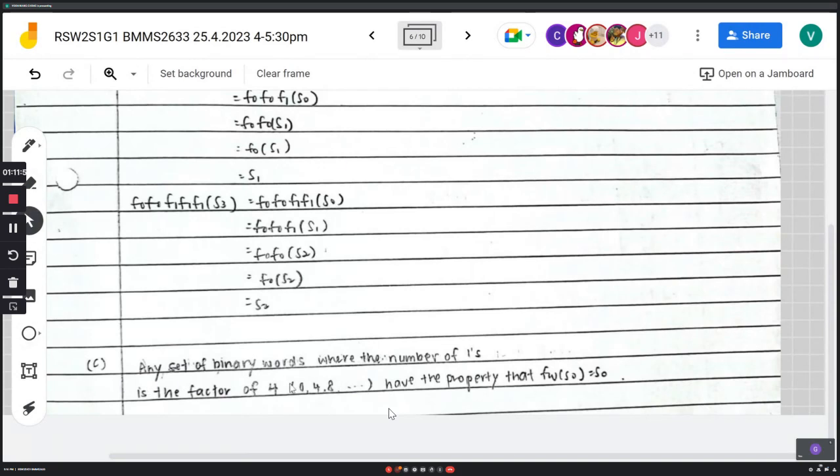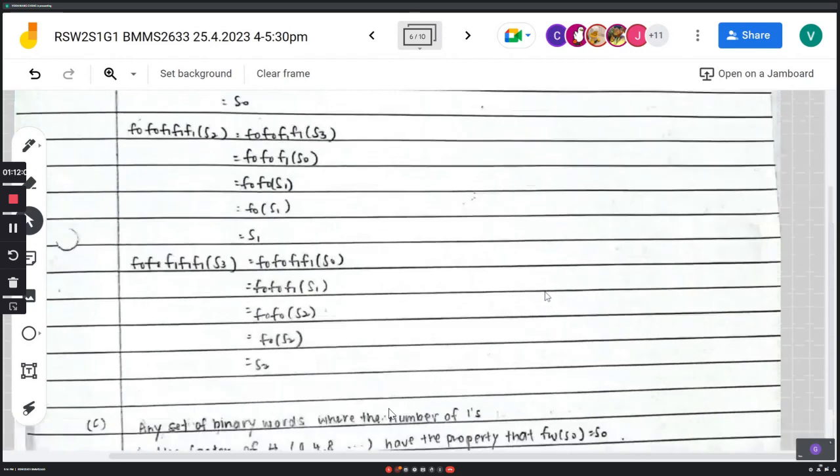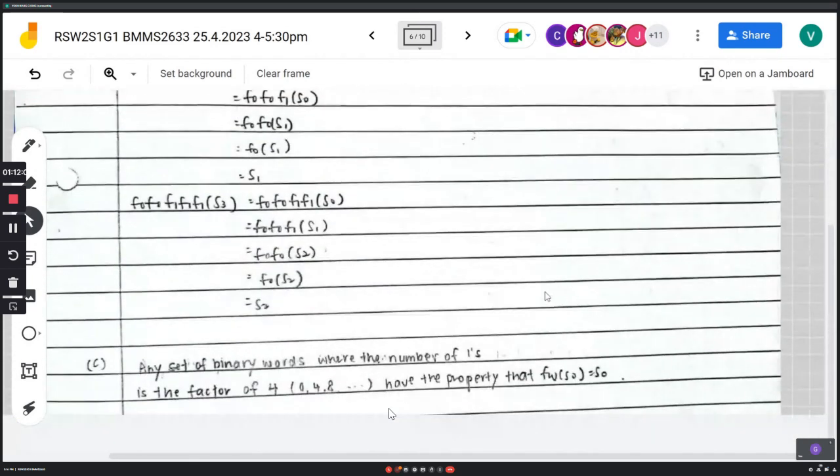The set of binary words where the number of 1s is a factor of 4 have the property that, how do we know that S0 will go back to S0? The string that you want to write now is for the W, right?